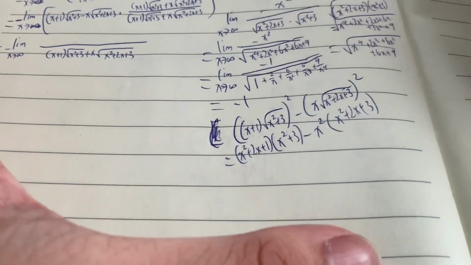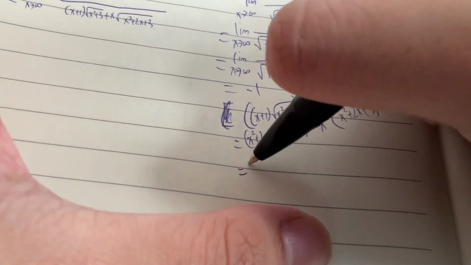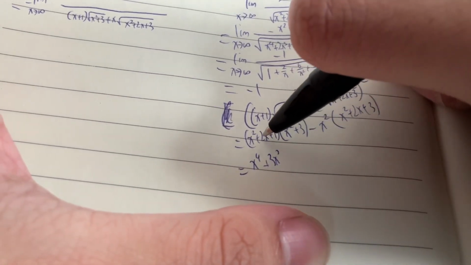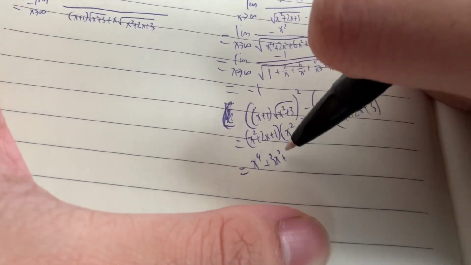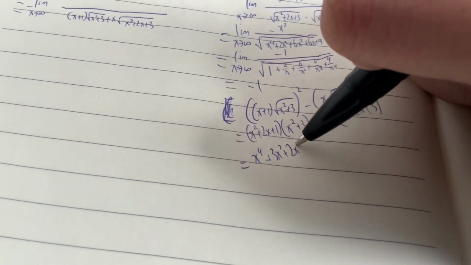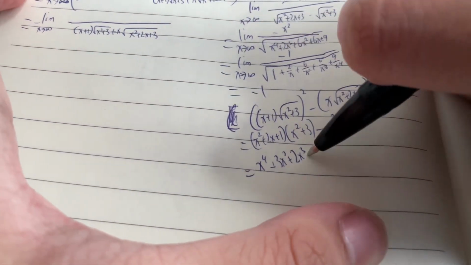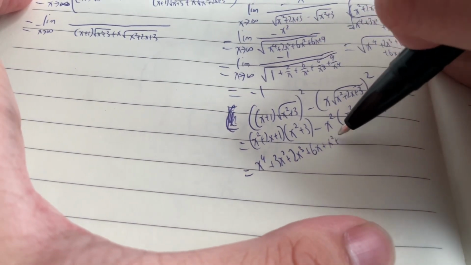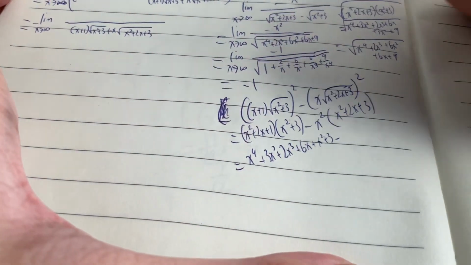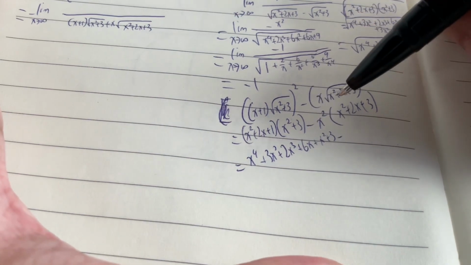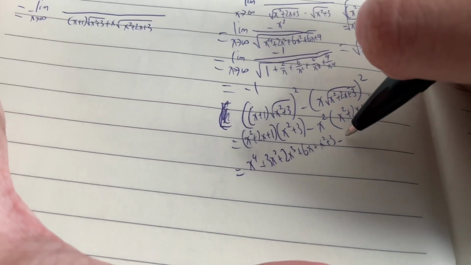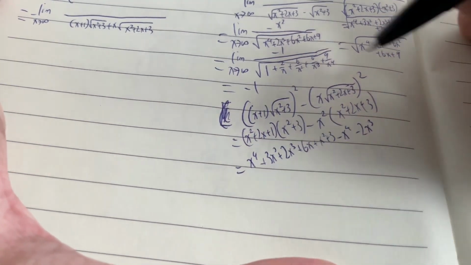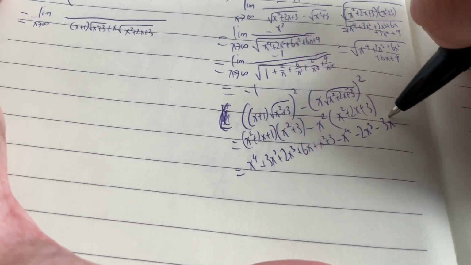So we're going to expand it. You can get x to the power 4, and then 3x squared, and then 2x times x squared, you get positive 2x cubed, and then 2x times 3, you get 6x, and then plus x squared plus 3, and then minus, let me just multiply the negative inside, so minus x to the power 4, and then minus 2 times x cubed, and then minus 3x squared.